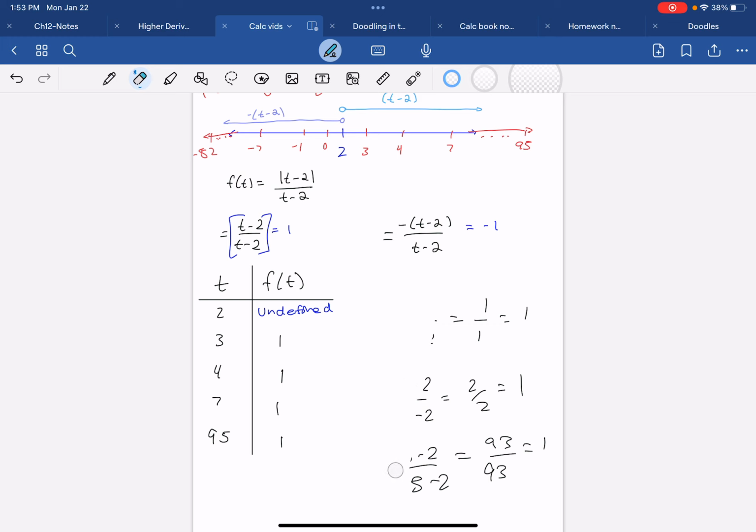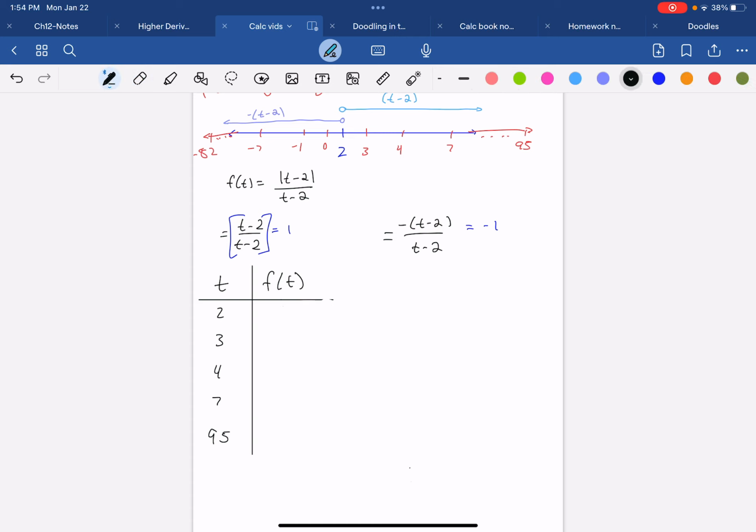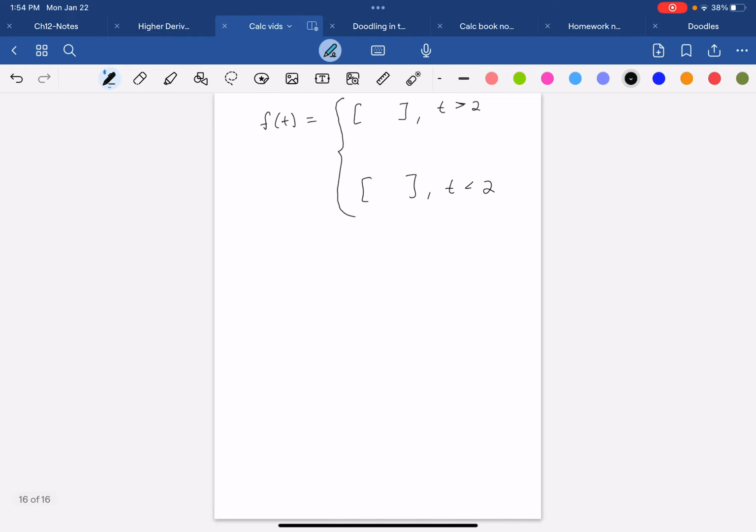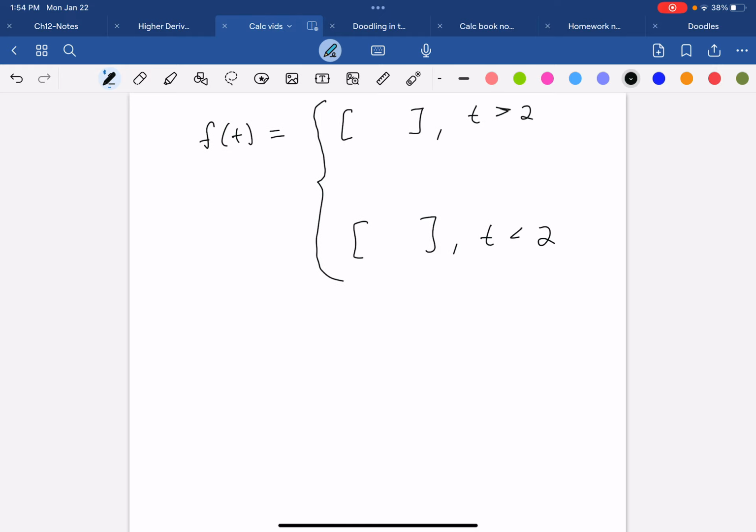So to me, it's looking like when I have my positive t values, so my t values that are greater than 2, over here, my value is just 1.